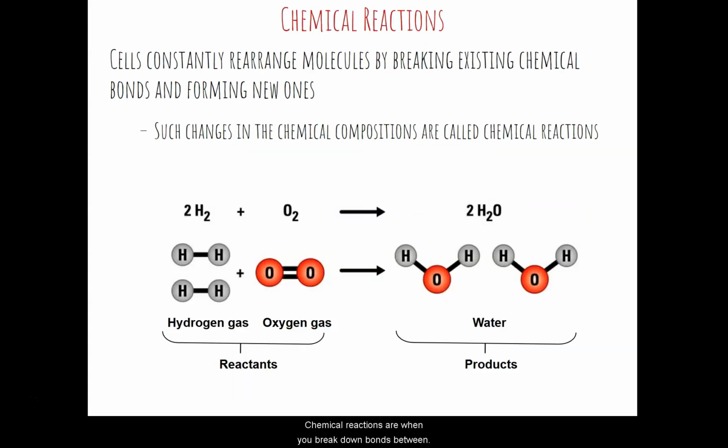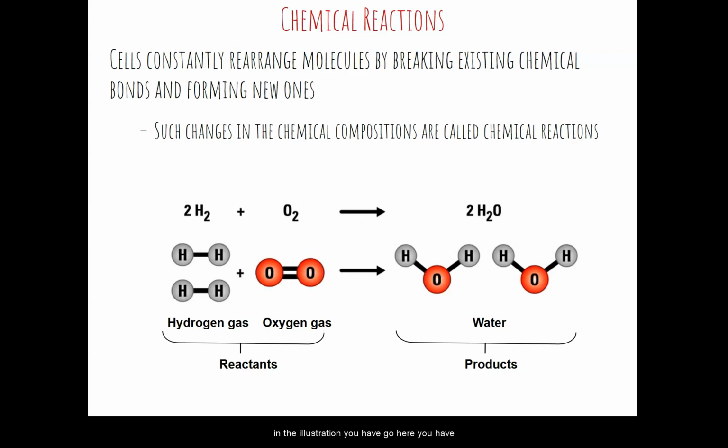Chemical reactions are when you break down bonds between atoms and you reform new ones. These are going to be important for us because living organisms have chemical reactions going on inside of their cells. So we have a couple of terms that I need to introduce. Reactants are the starting ingredients, and the products are what you get as a result of the chemical reaction.